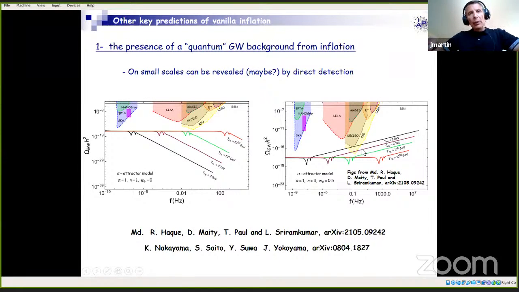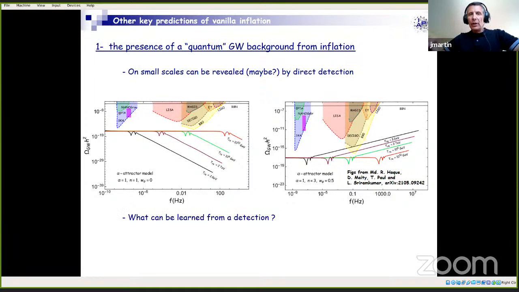And what would we learn if we could directly detect this background of gravitational waves? I think we would learn about reheating, because this break occurs at the reheating temperature. We have a break in the power spectrum because this corresponds to very small scales that re-enter the Hubble radius just after inflation, during reheating.